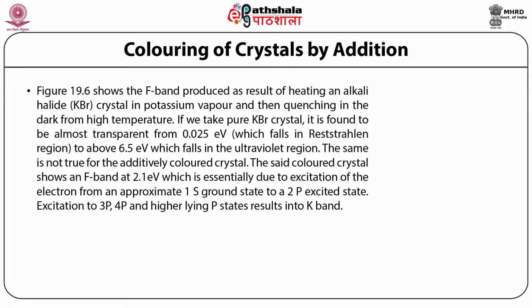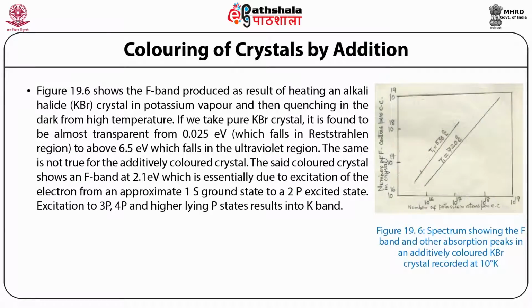Excitation to 3p, 4p and higher lying p states results in the K band. Figure 19.6 shows a spectrum with the F band and other absorption peaks in an additively colored KBr crystal recorded at 10 degrees Kelvin.